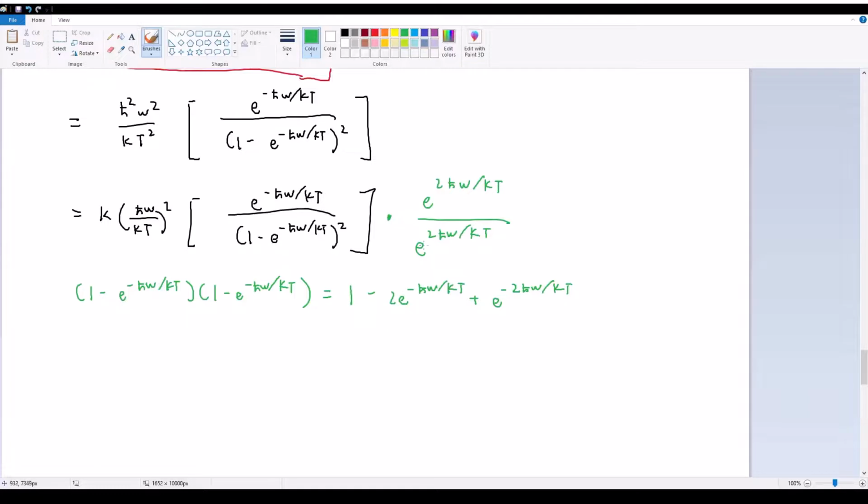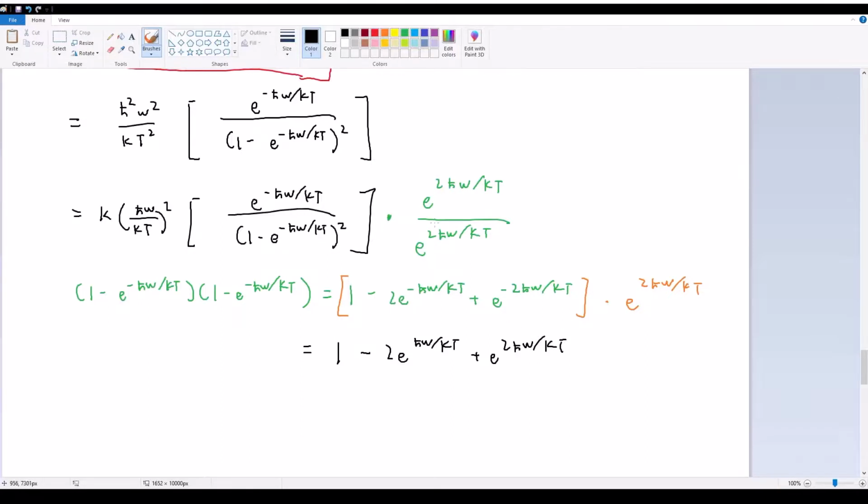And then if I multiply this thing by my bottom factor of e to the 2h bar omega over kT, then this is going to give me, I'm going to switch them around. So these two terms make 1, and we can get minus 2e to the positive h bar omega over kT plus e to the 2h bar omega over kT, right? Yeah.